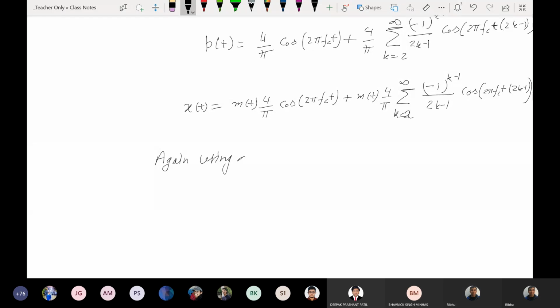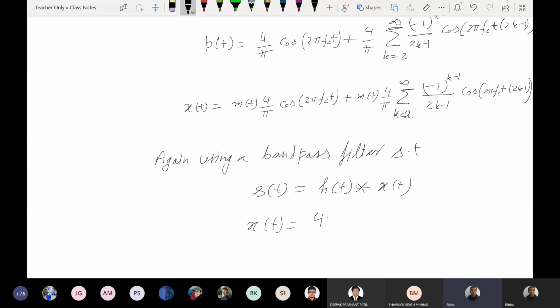Again using a bandpass filter such that st equals ht time convolution with xt, I get st equals 4mt over pi cos 2 pi fct.